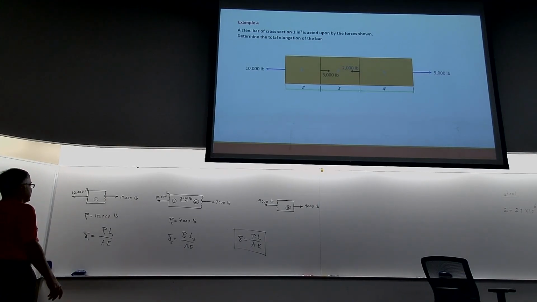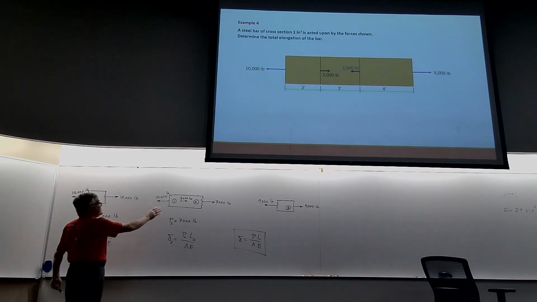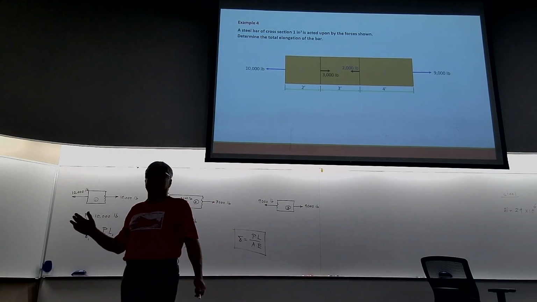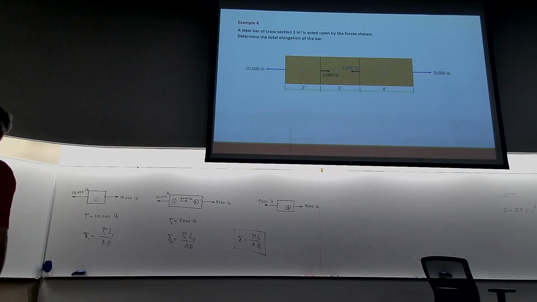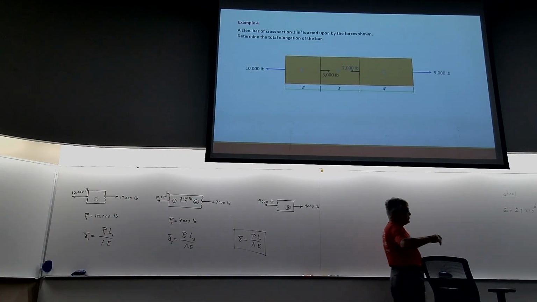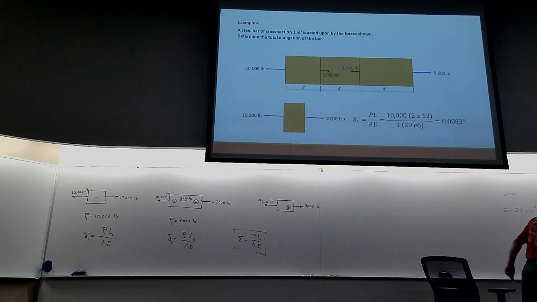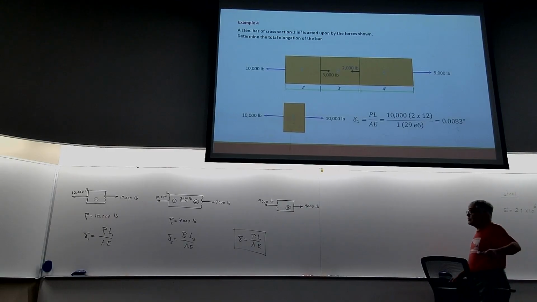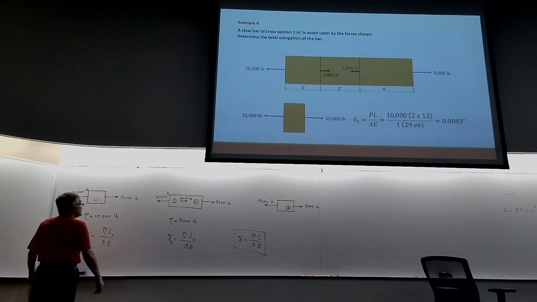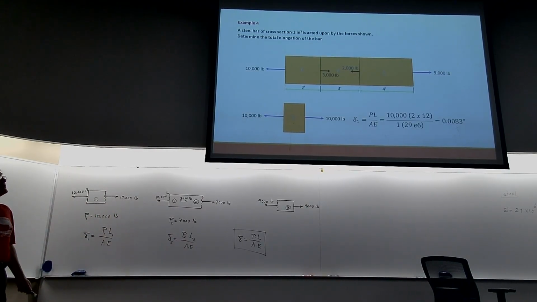All right, so we have all pieces in tension. The deltas will be positive for all of them, and we will end up adding the 3 deltas. This is the free body diagram of segment 1, so that's this piece here, showing you that P1 is 10,000 pounds.